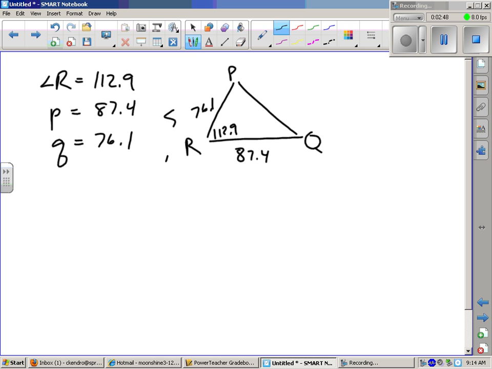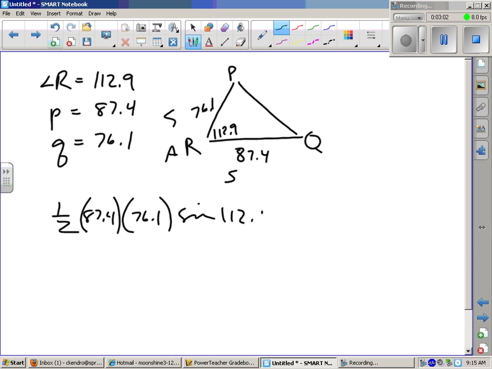So we have side angle side. So we just plug it in. 1/2 side times side, 87.4, 76.1, and then the sine of the angle you have, which is 112.9. Work all that out, you should get about 3,063.5, and then inches squared or whatever the units are. Okay, so pretty straightforward. It's just the two sides are your A and B, and then sine C, that would be the angle.